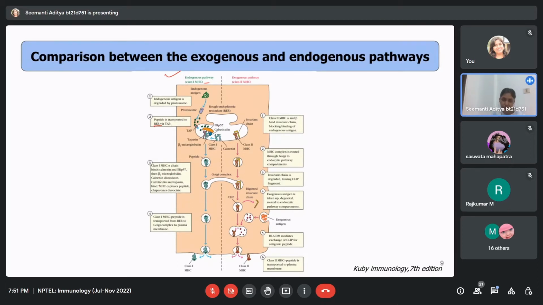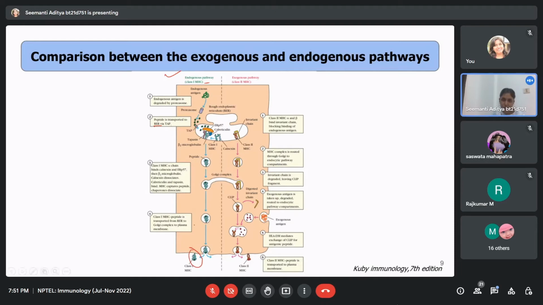Calnexin dissociates, and calreticulin and tapasin bind as MHC captures the peptides. As MHC captures the peptides, all these chaperone proteins release and dissociate. So the peptide is now bound to the MHC molecule. Once the MHC molecule is bound to the peptide, it goes to the Golgi complex, and from the Golgi complex it is transported to the plasma membrane, where it is expressed as a class 1 MHC molecule.